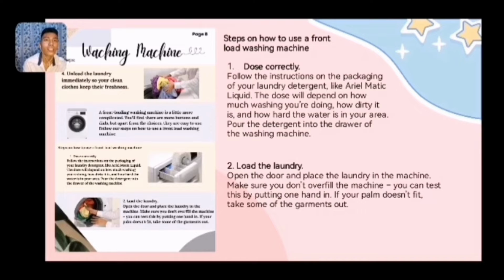Parehas ra siya kasagaran sa top load washing machine, ang powder naa sa ubos, ug naa sa kilid ang fabric conditioner or kanang mga perfume nga gipanggamit sa imong mga labhonon nga para mahumot sad.